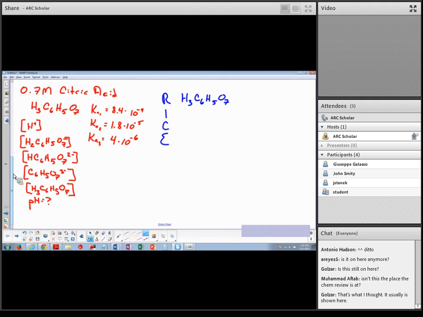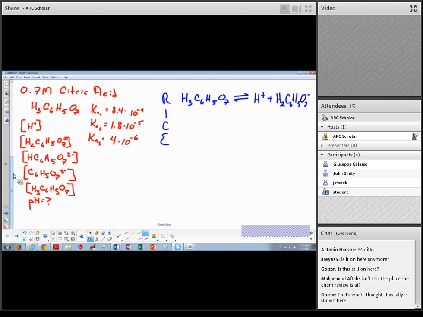Single arrow, double arrow? Double arrow. Is that one of your 6 strong acids? No. Okay, double arrow. All right, and so what am I going to be producing? An H plus and our H2C6H5O7 minus.